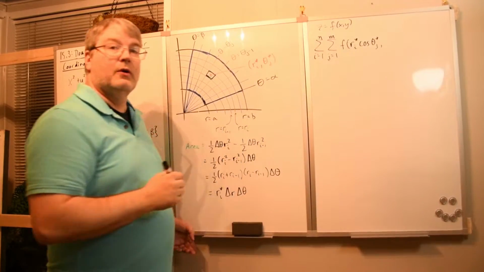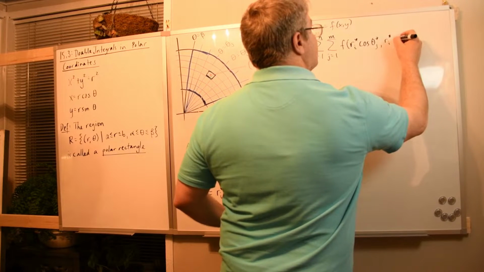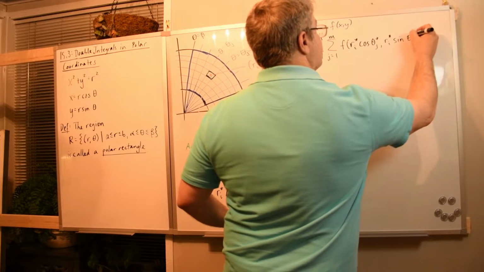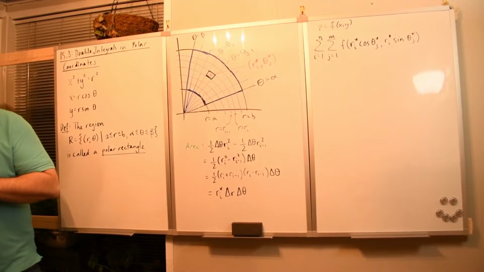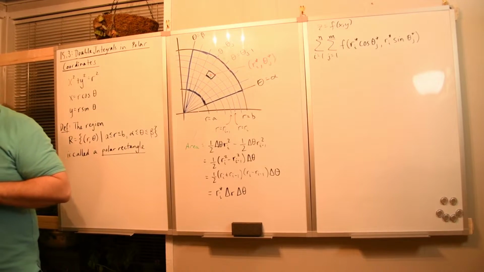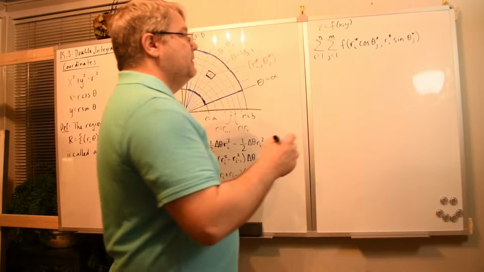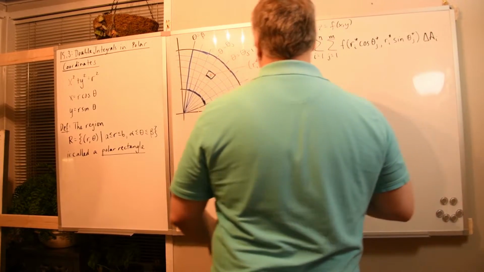So that'll be our x coordinate, but then we'll also have r sub i star times sine theta j star. Now that'll give us the height of that solid, but let's keep in mind you also have to multiply by the area of the base of that solid. And so that'll be our, we'll call it delta A sub i.